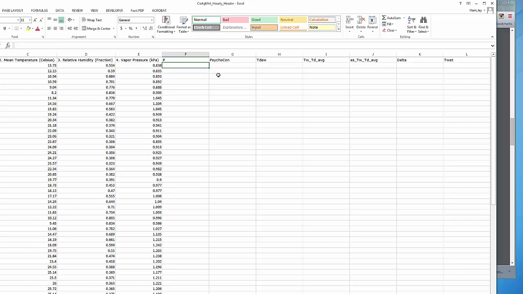Let's start with pressure. We know we can estimate pressure from elevation above sea level, so you could just type in the pressure if you know what the pressure at your location is, but let's put in the formula. It equals 101.3 times exp. And here's where I put in the elevation.